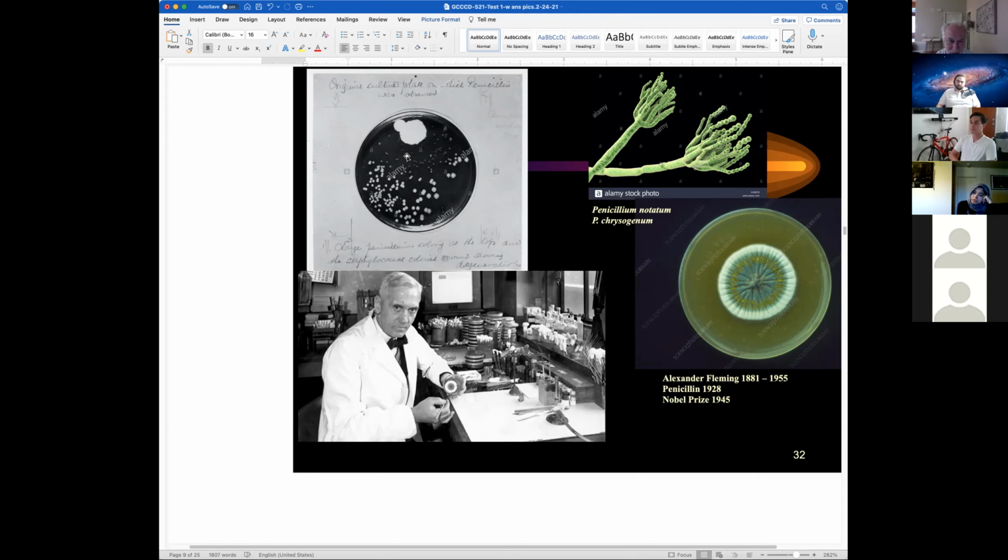There's no fungus growing there. Nothing is growing there. Why? And it turned out the reason is that the fungus is making penicillin, diffusing out into this area and inhibiting the bacteria. So it's a good example of a failure. His failure was that he got contamination and he turned it into a success.